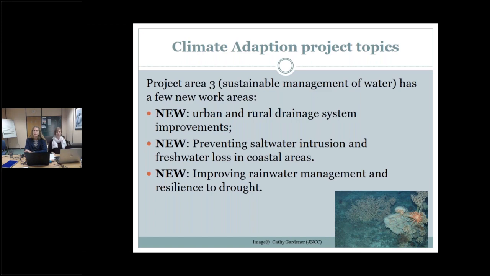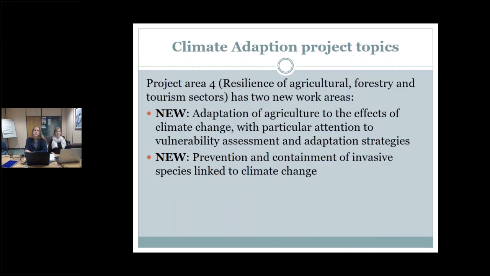Under project policy area 3, new project topics have been included, including the urban and rural drainage system improvements, preventing saltwater intrusion and freshwater loss in coastal areas, improving rainwater management and resilience to drought. So these are the 3 new project topics included under sustainable management of water.